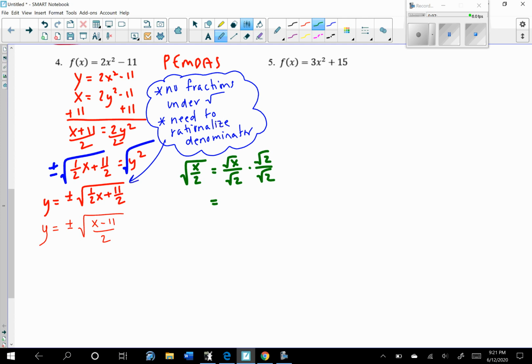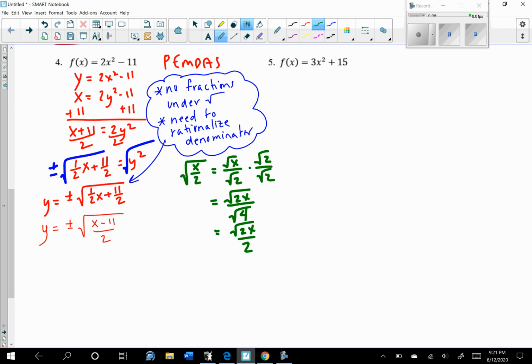So this would be equal to numerator times numerator, the square root of 2x, over denominator times denominator, the square root of 2 times 2, which is 4. And now we know that the square root of 4 is just 2, so this is equal to root 2x over 2. And again, you would not want to then divide those 2's, because the 2 in the numerator is in the radical. We did that in order to get rid of the radical in the denominator. So that would be my rationalization of the problem.